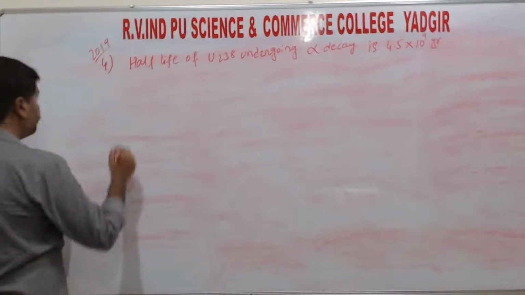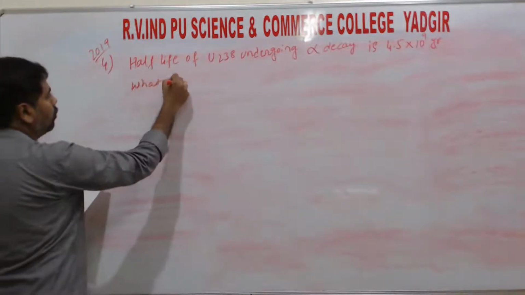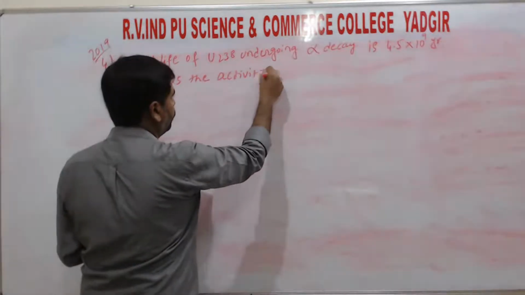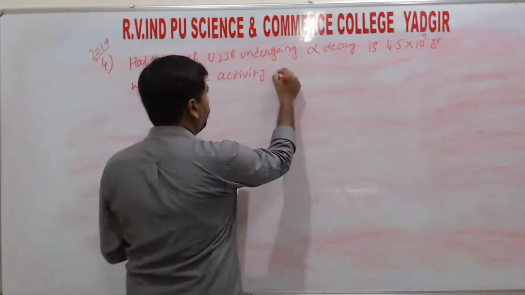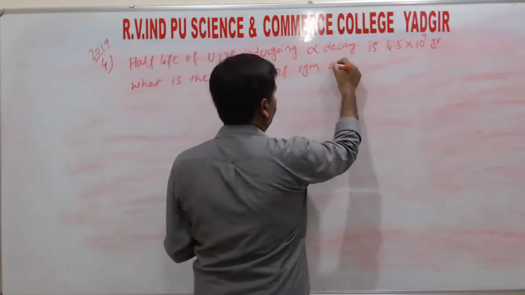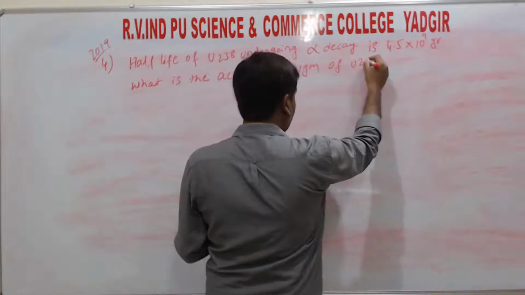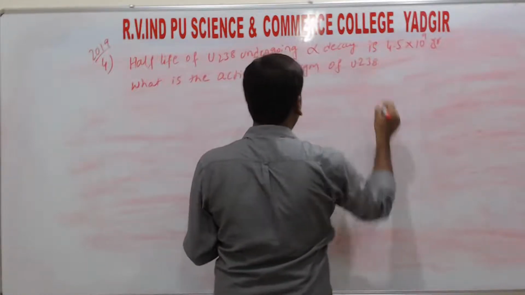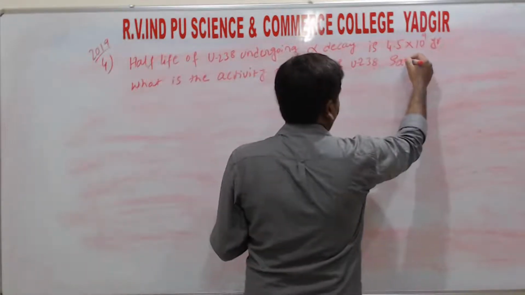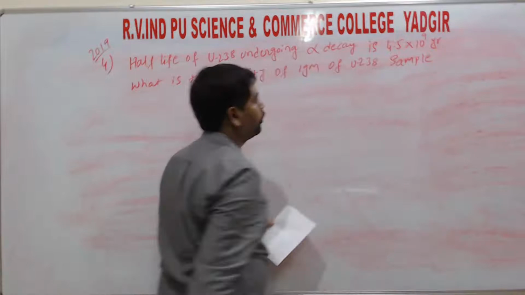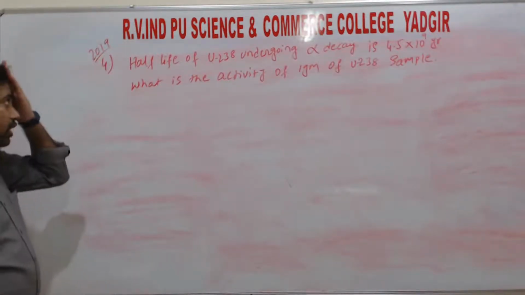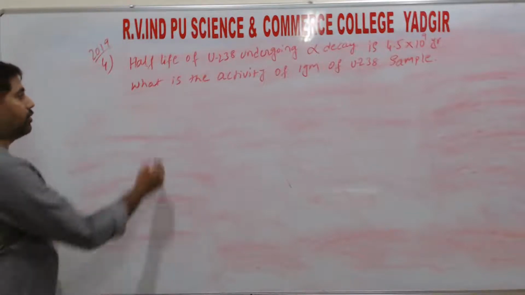What is the activity of 1 gram of uranium 238, that is U-238 sample? So in 2019 they asked this question. So they given half-life, we need to find the activity, right?